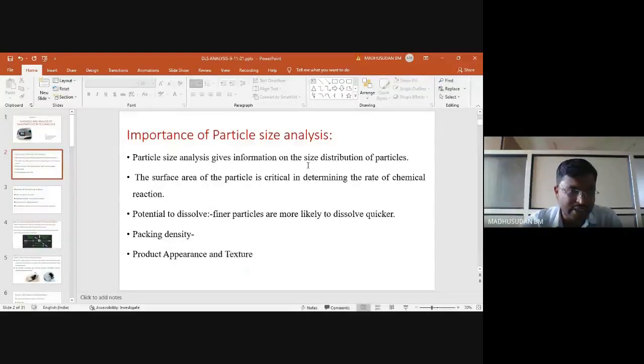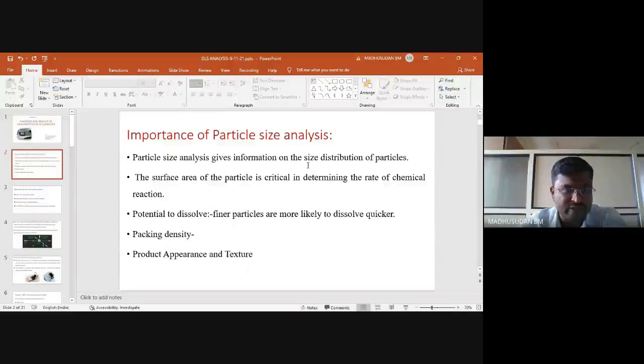Generally, industries like the drug industry, chemical-based industries, and the ceramic and clay manufacturing industry have a critical issue with characterizing particles of very small size, maybe in terms of microns or nanometers. So it is important to characterize such materials, because substances with particles at the micron or nano level have a great influence on their properties.